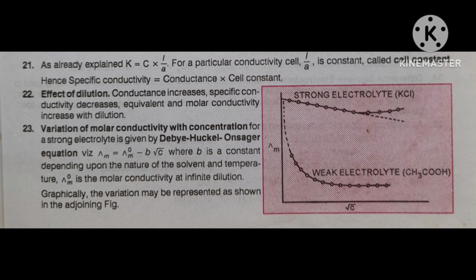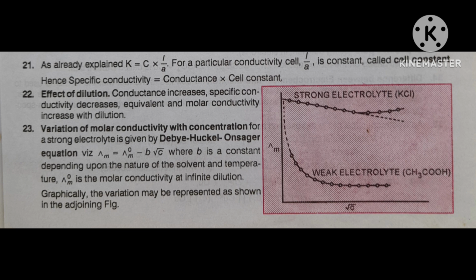Take the example of ammonium hydroxide, which is a weak electrolyte, and sodium acetate or acetic acid or all organic acids are weak electrolytes. But now I am talking about strong electrolytes like HCl, NaCl, KCl, HNO3.